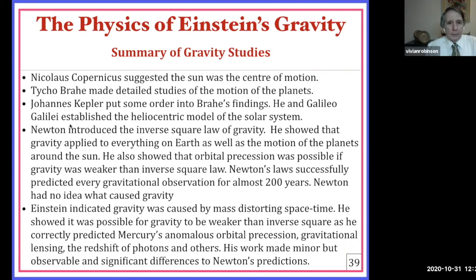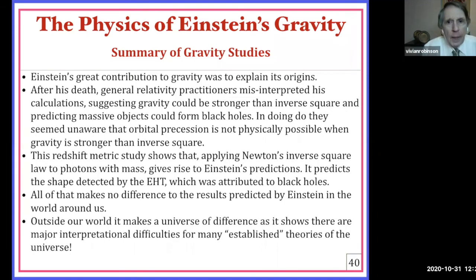He showed it was possible for gravity to be weaker than inverse square and correctly predicted Mercury's anomalous orbital precession. He also correctly predicted gravitational lensing, the redshift of photons, and others. His work made a minor but observable and significant difference to Newton's predictions. Einstein's great contribution to gravity was to explain its origins.